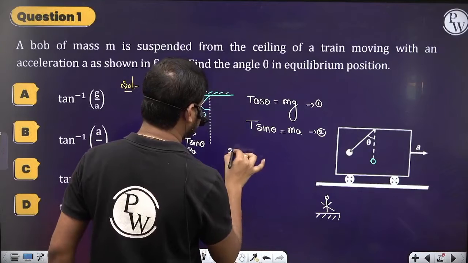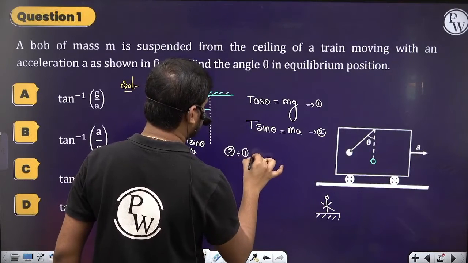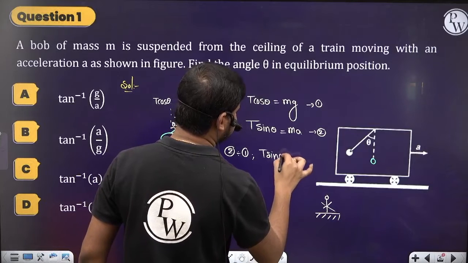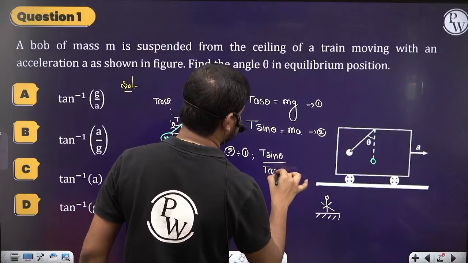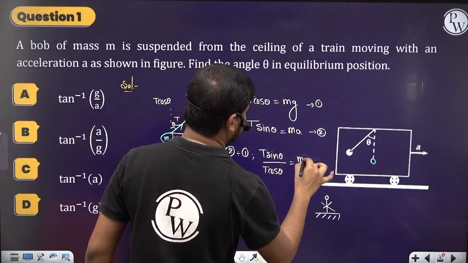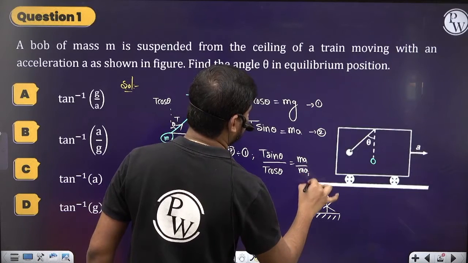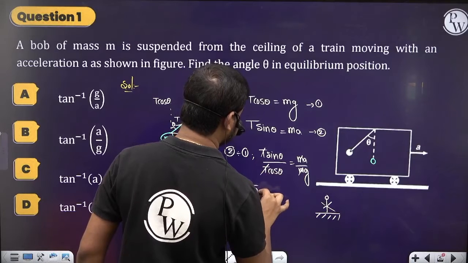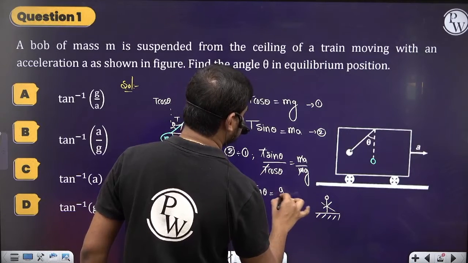Now let's divide 2 by 1. I can write T sin theta by T cos theta is equal to ma by mg. From here T cancels, sin theta by cos theta is tan theta, which is equal to a by g.